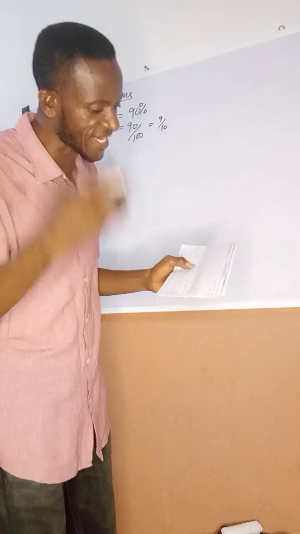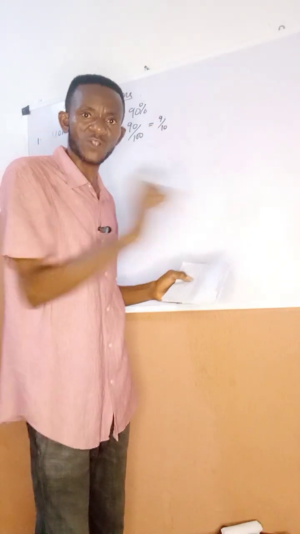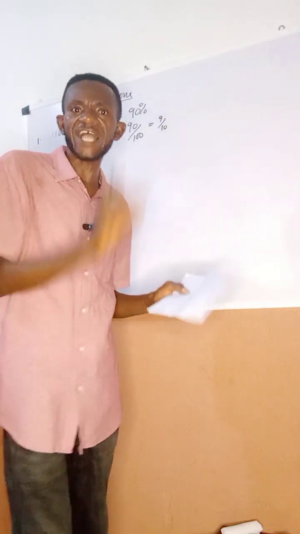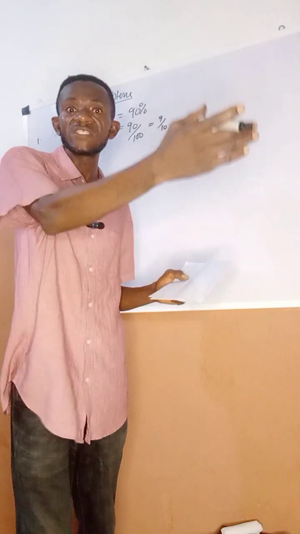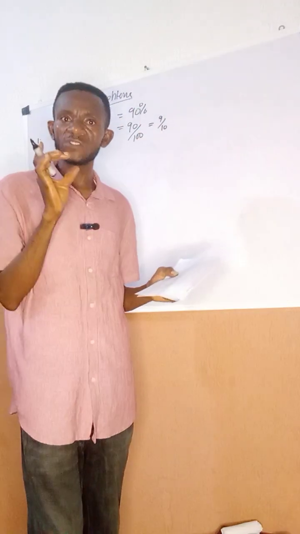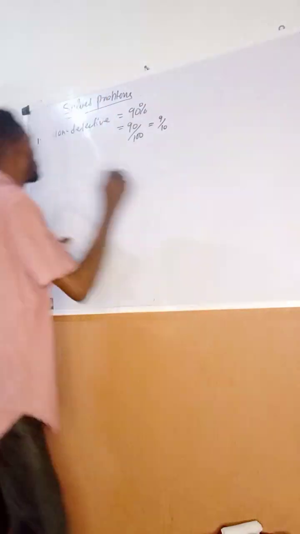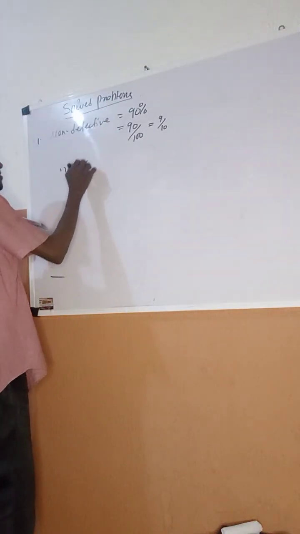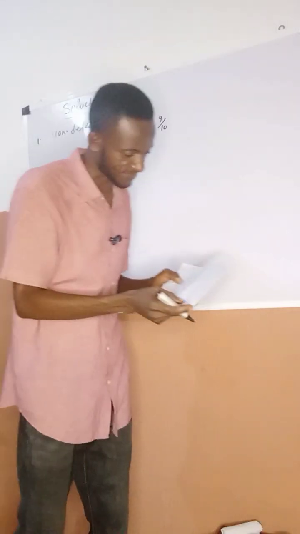Then we read on. In a random sample of 160 products. So somebody wants to carry out a test on this. He has gone to the products of the manufacturer and taken 160 items, which means my n equals 160, where this n is the sample size.